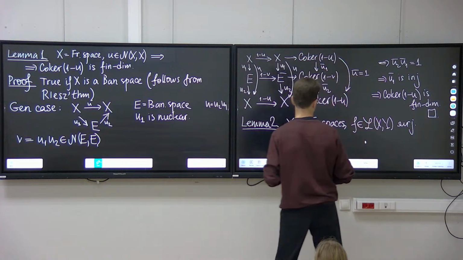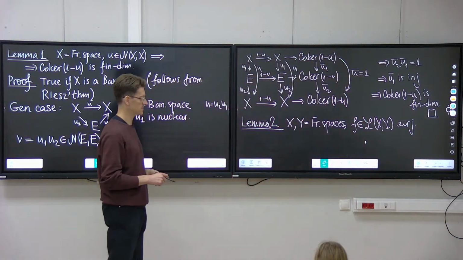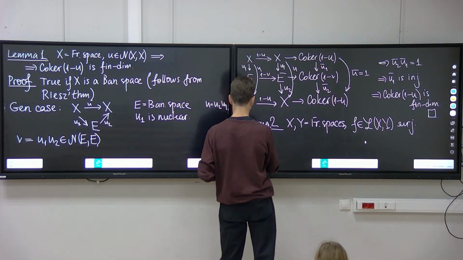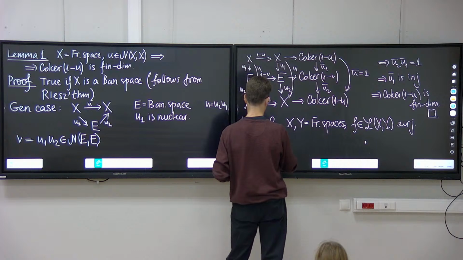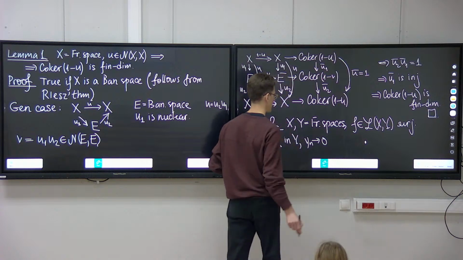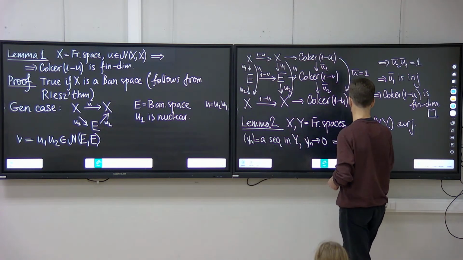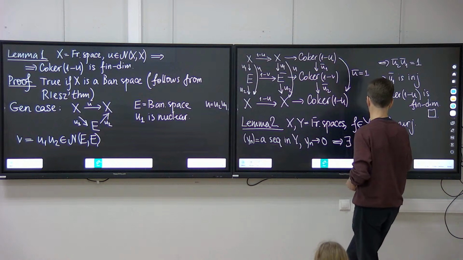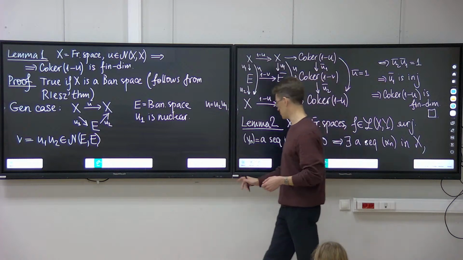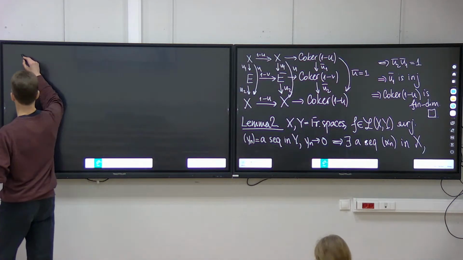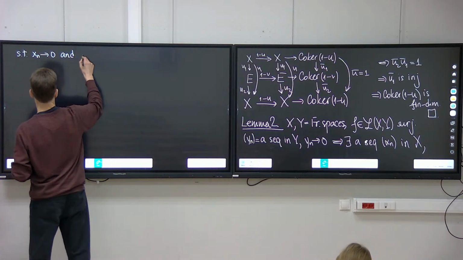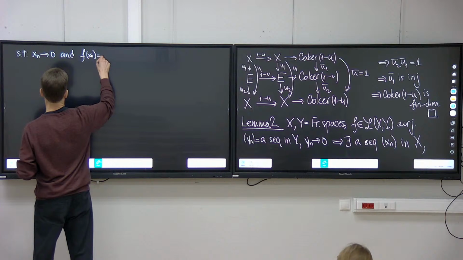Okay, so now suppose we have a surjective linear map f between Fréchet spaces X and Y, and a sequence y_n in Y which converges to 0. I claim that there exists a sequence x_n in X which converges to 0, and such that f of x_n equals y_n.